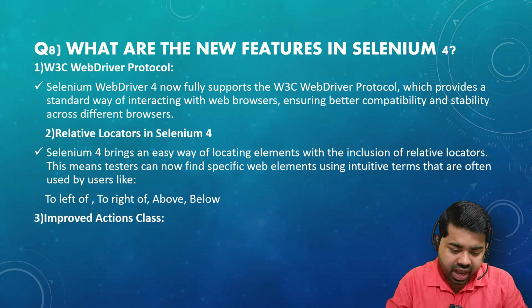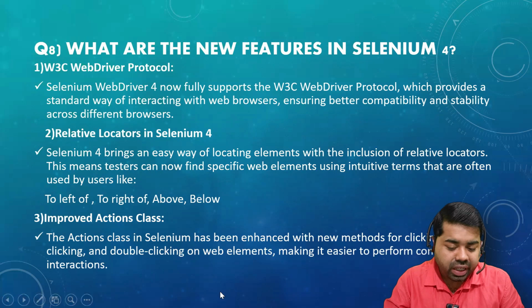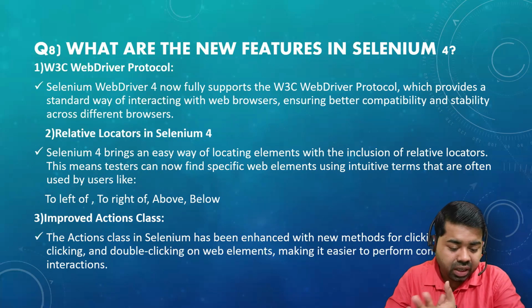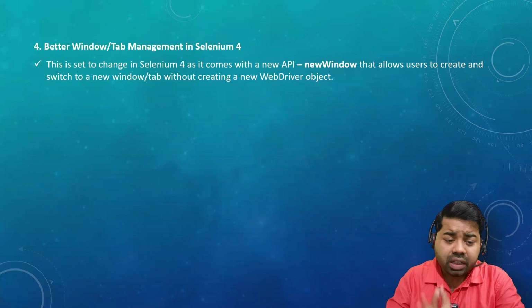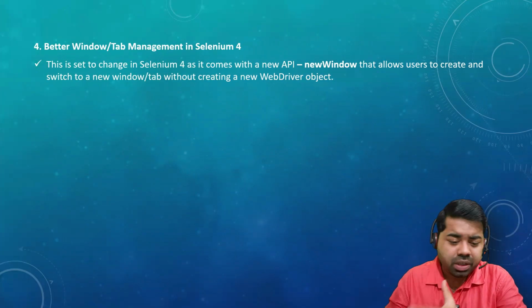The next enhancement is the improvement of the Actions class. They have made a lot of improvements there: clicking, right click, double click. I will show you some important methods of the Actions class. They have also added better functionality for tab management, meaning switching windows: there is a method called newWindow, so we can directly switch the window.